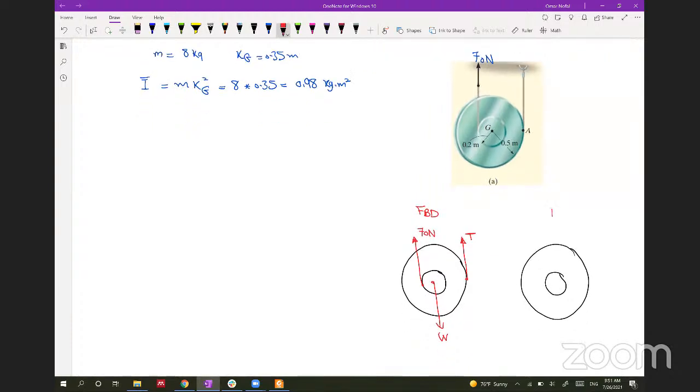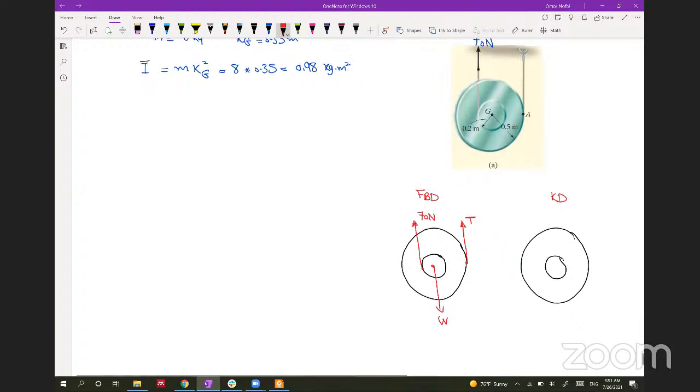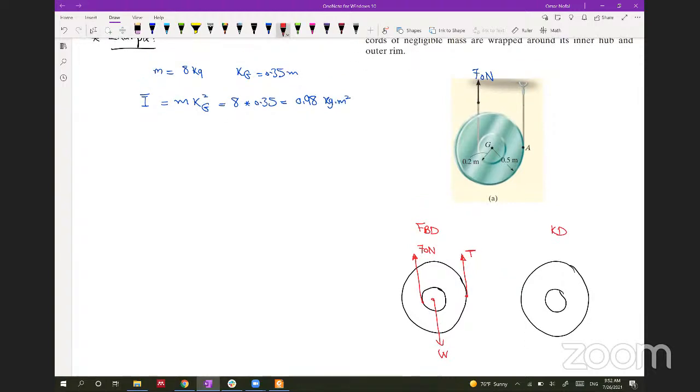And for the kinetic diagram, I know that this spool will only be allowed to move in the Y direction, because it will never move in the X direction, since there are no forces in the X direction. All the forces are in the Y direction. So with the force of 70 Newton, and we have a weight, we can actually calculate the weight.